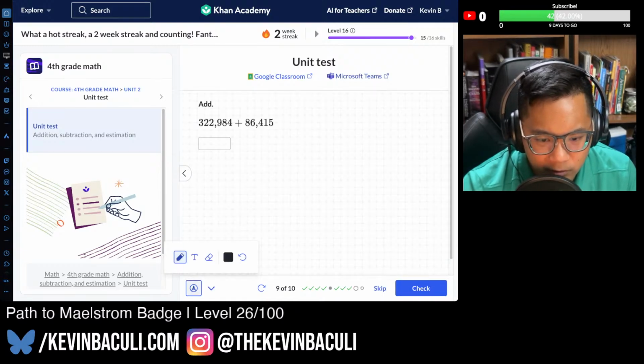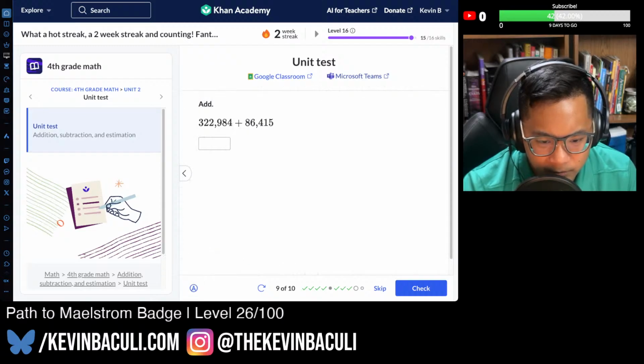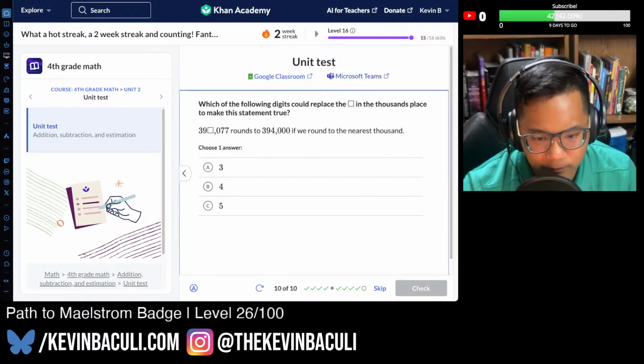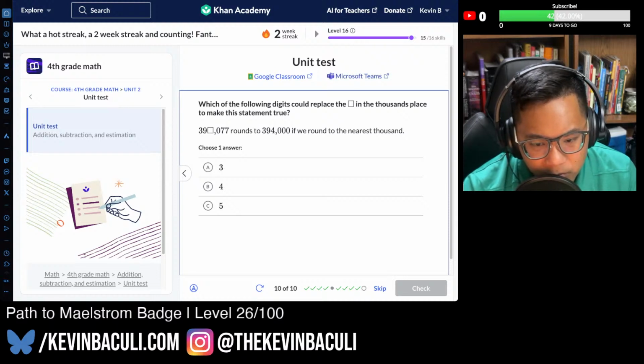Why though? 409 399. What should the following digits be to replace the blank? Rounds to 4.